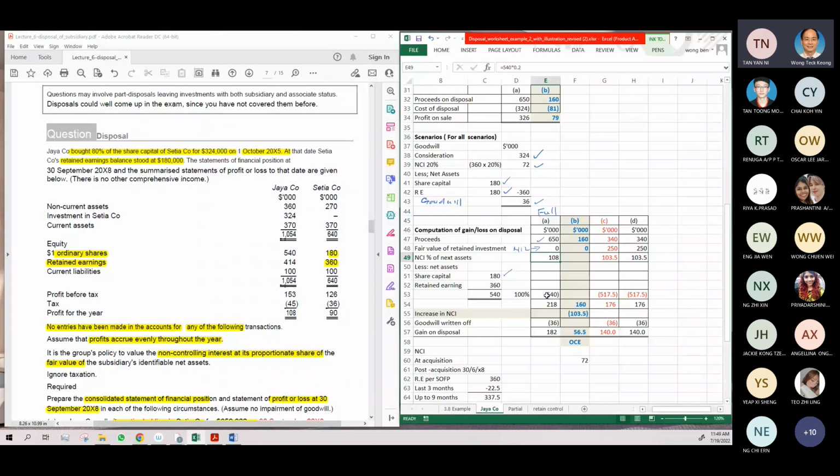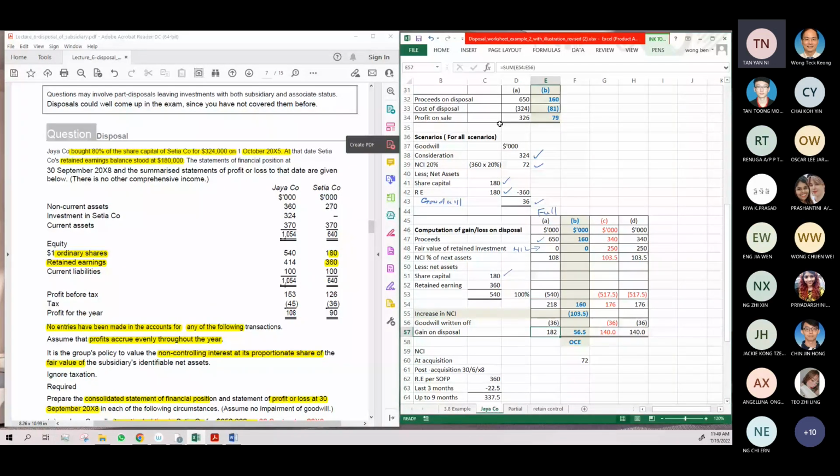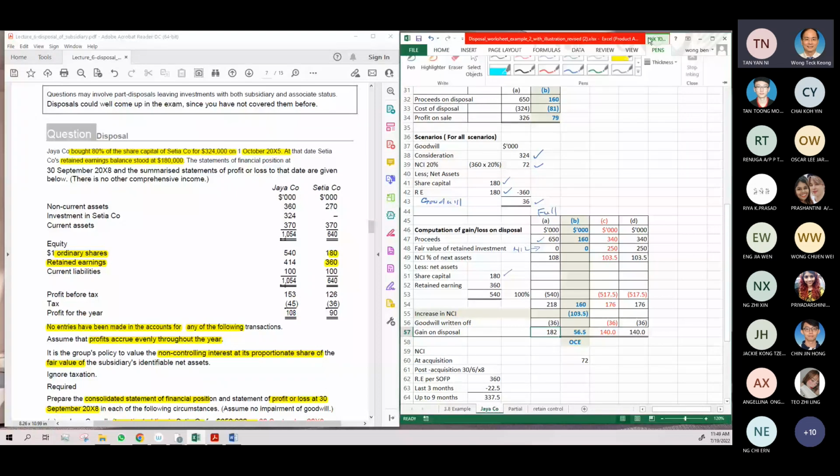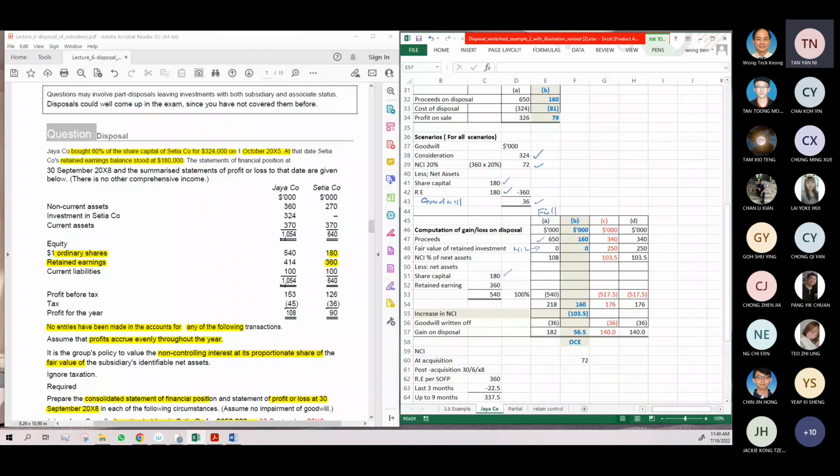Then you will write off your goodwill 36 here. So you lost control, you get 182. Can you follow? Any questions? So 36 comes to here, write off.